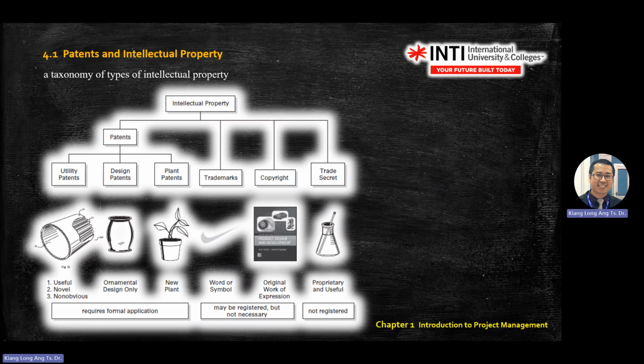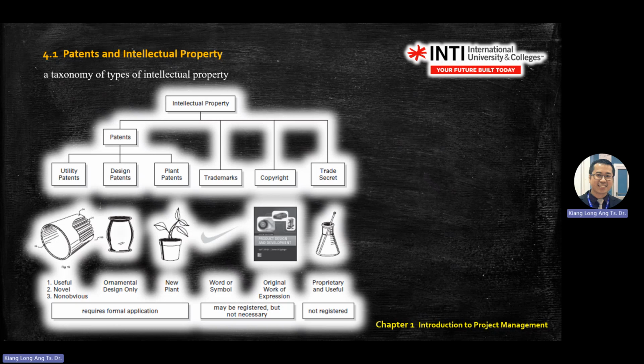It's a bit different from design patent. Copyright is a work of expression. It may be registered or not registered, depending on the nation, on the country. This one, trade secret, you know, Coca-Cola. Trade secret or secret recipe. The way you bake things, trade secret.